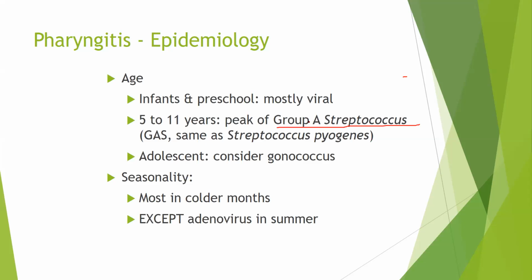So adolescents, we also need to consider gonococcus, right? So if an adolescent is involved in oral sex, then there's a chance that they could get a gonorrheal pharyngitis, which will present exactly the same. So keep that in the back of your mind. When in doubt, you can do a culture. You need to do a throat culture.